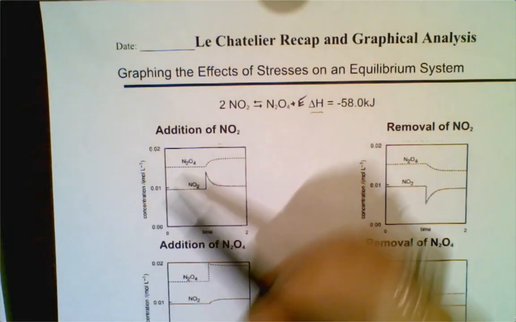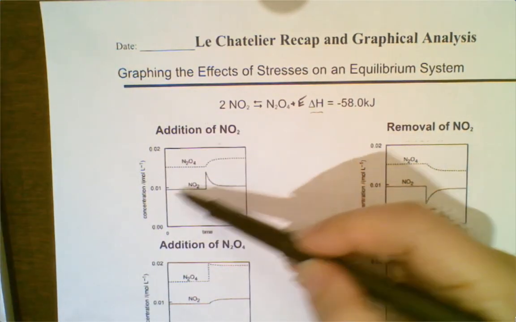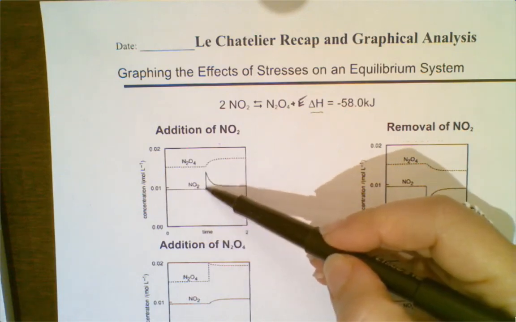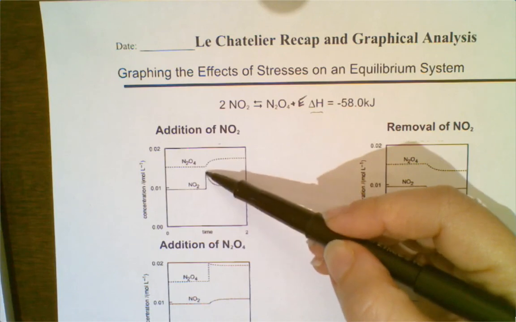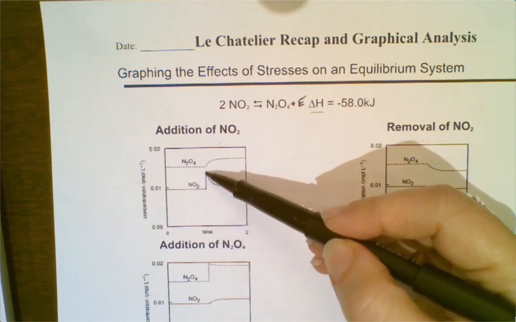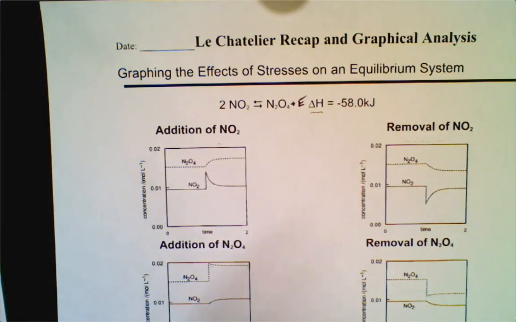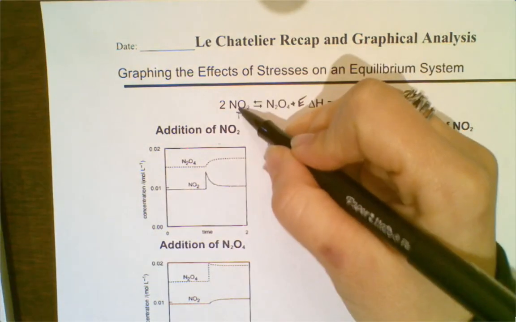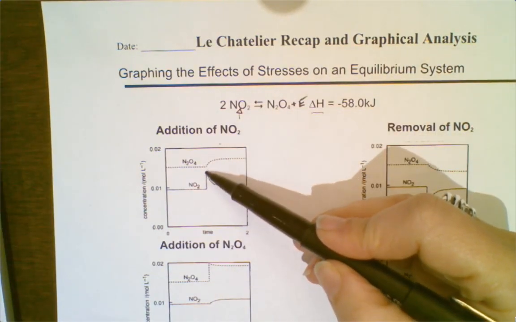So what happens here is you have a system that is at equilibrium. We see that it's plateaued, and then all of a sudden you see this spike in the graph. And what that tells you is there was a disturbance at that particular point in time. Whenever you see a vast spike, that means that there was a change in concentration. So in this case, what happened was there was an increase of NO2. So they increase that concentration.